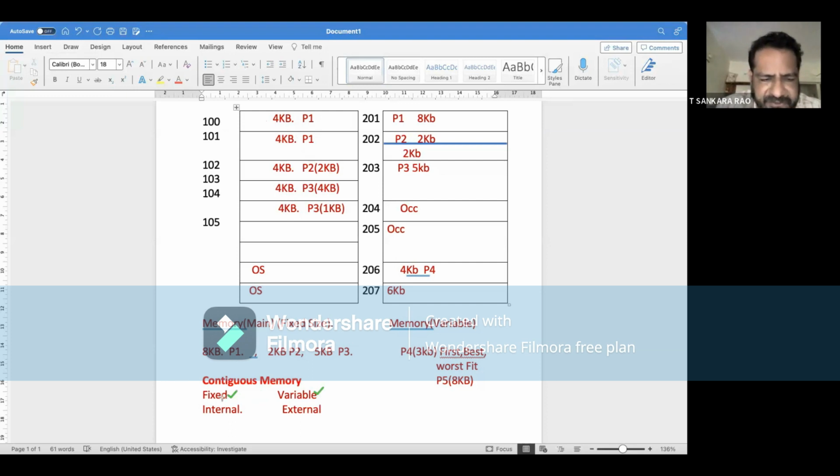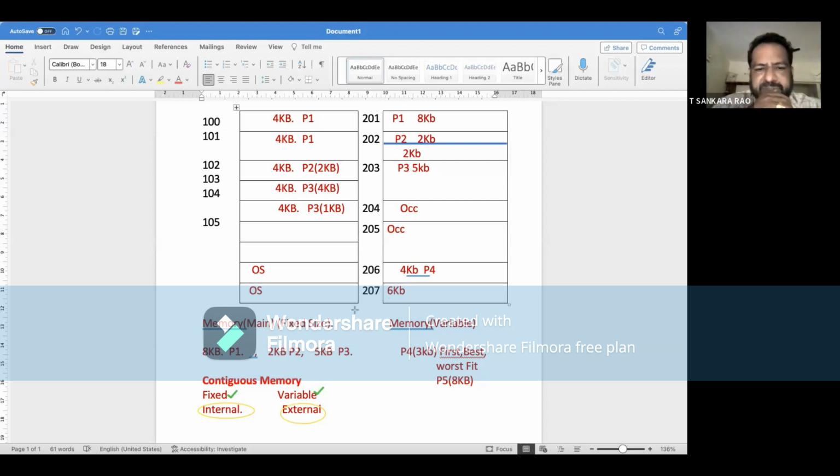In the fixed size, what is the drawback? We get internal fragmentation. Whereas in the variable size, what fragmentation do we get? External. Okay, so that is the case.